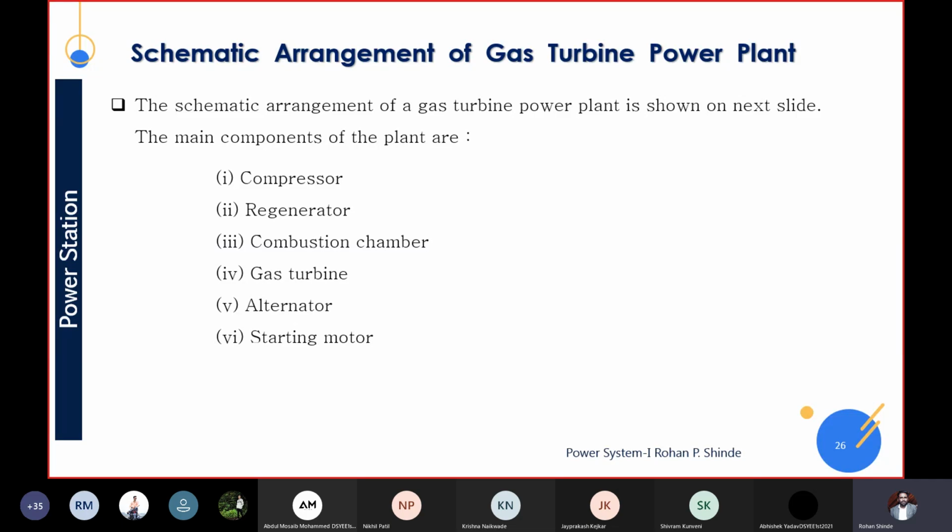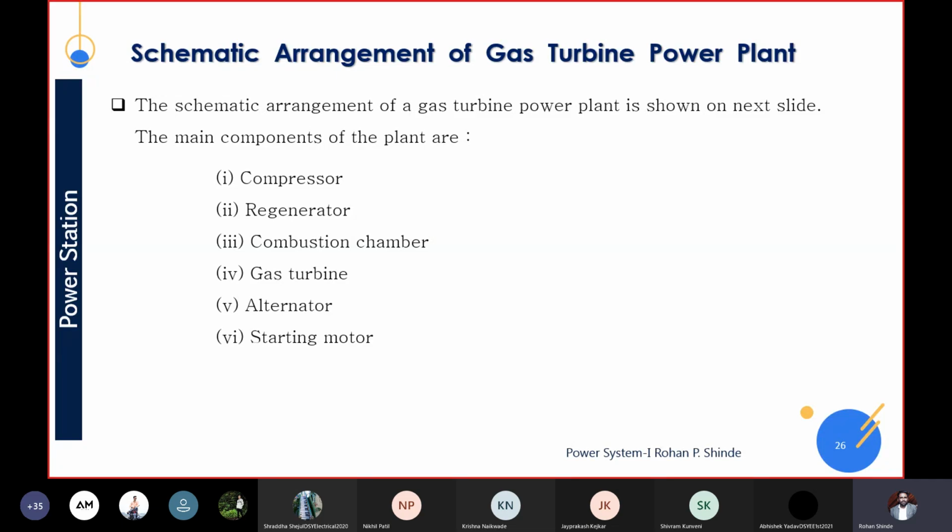Can you tell me which are the 4 components? Alternator, nuclear reactor, heat exchanger and steam turbine. Very good. So these are the 4: alternator, steam turbine, heat exchanger and nuclear reactor.